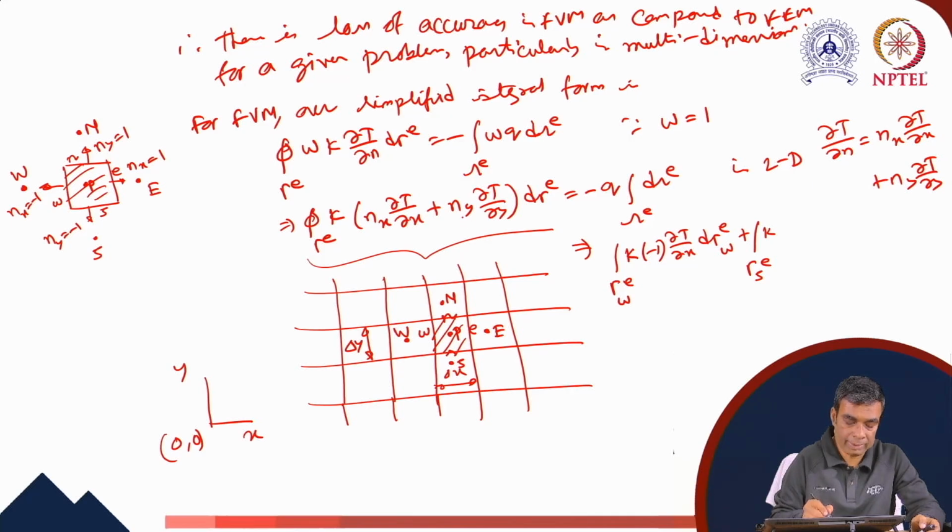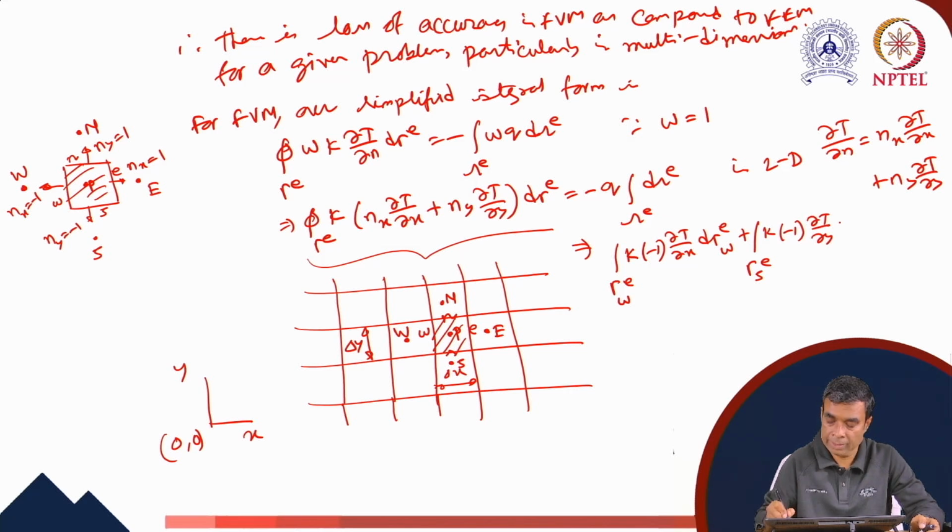For the south face, nx does not exist, so ny is minus 1: k into minus 1 into ∂T/∂y d gamma e.